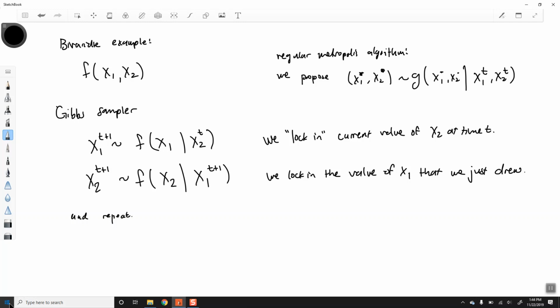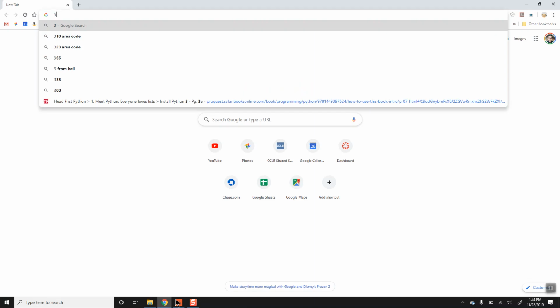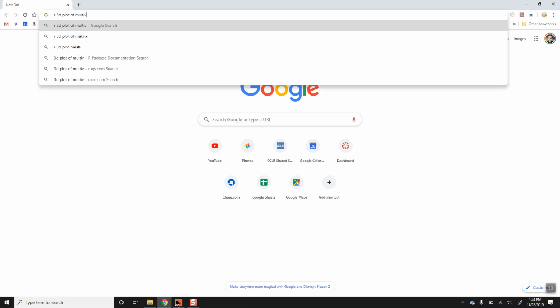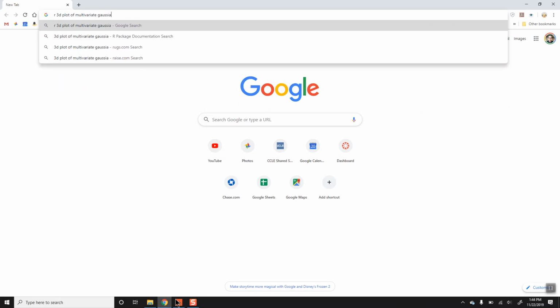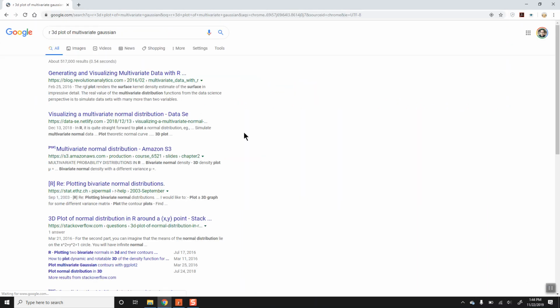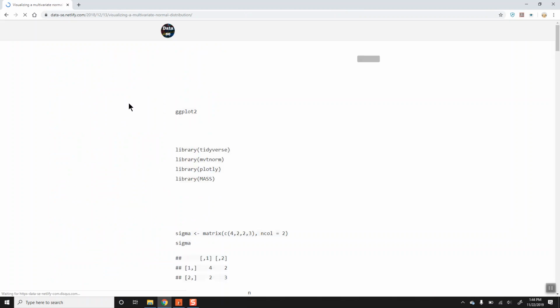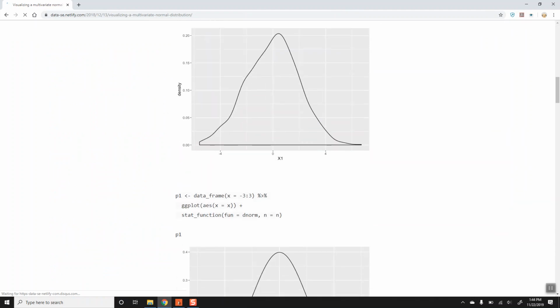Can I graph this? And do a 3D R plot of a multivariate Gaussian? How do I do this? MVT norm plot. Can I do this?